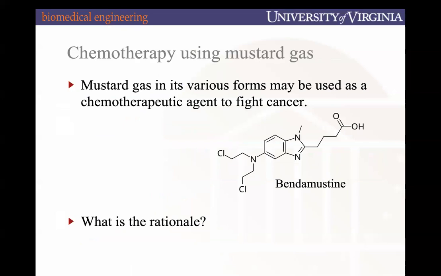What is important to note is that various forms of mustard gas have been considered for use as a chemotherapeutic agent to fight and target cancer cells. Again, because it affects replication and tumor cells typically grow massively and rapidly, this might be one way to fight and target tumor growth.